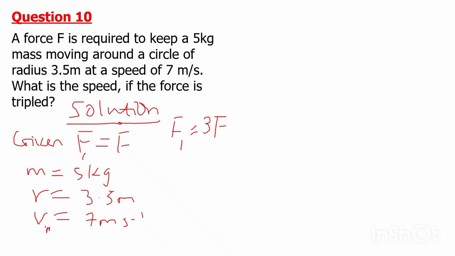So what we are looking for now, F2. If the force is increased, that means that F2 is equal to 3F1, 3 times the first force. And remember that F2 is equal to mv2 squared all over R. So let's compare these two.